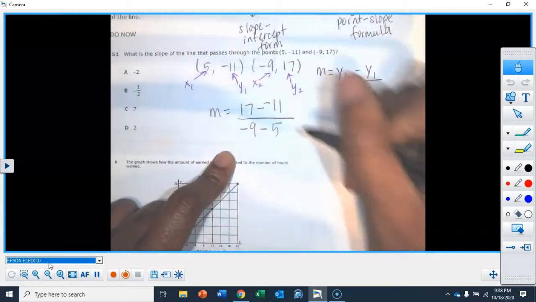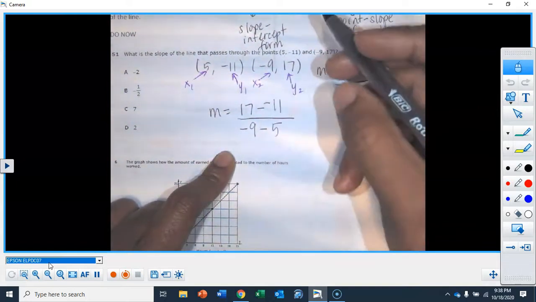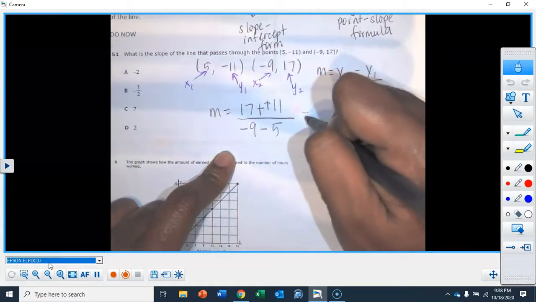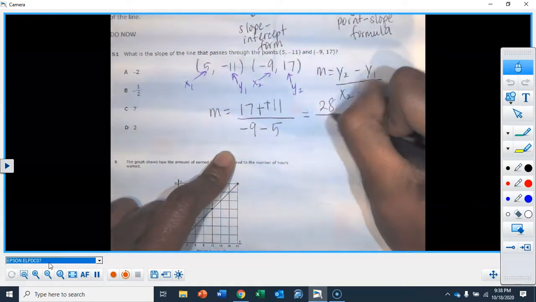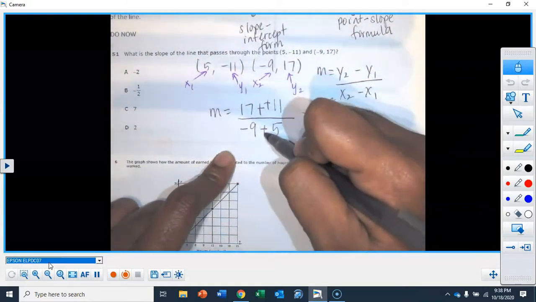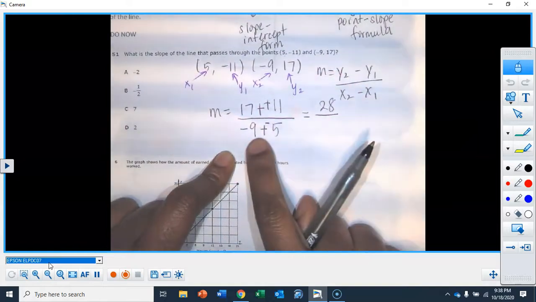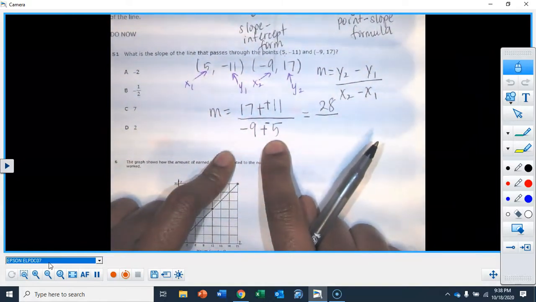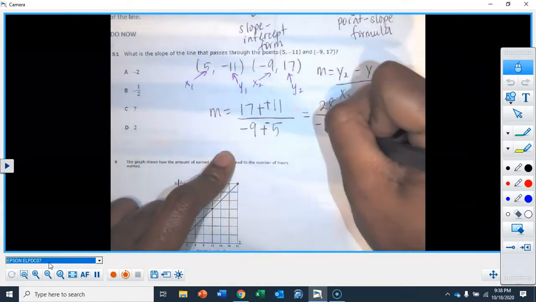Okay, when I see that double minus, I'm going to change that to plus. So in the numerator, this is 28 divided by, change this to a plus, bump back the negative. I'm going to add those two, and that should be negative 14.